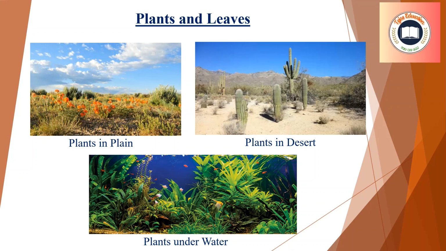Plants are of so many different types and grow in different places, but they all do have something in common. Do you know what it is? They are the leaves. So, in today's session, we will be talking about the green plants and leaves.